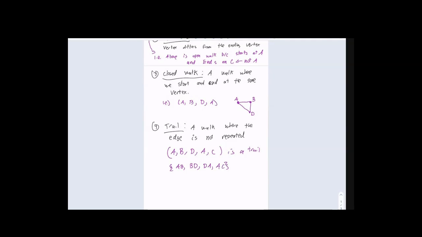So I never actually walk across the same path over again. I do touch the same vertex, but I do not walk across the same edge. Every edge is different.